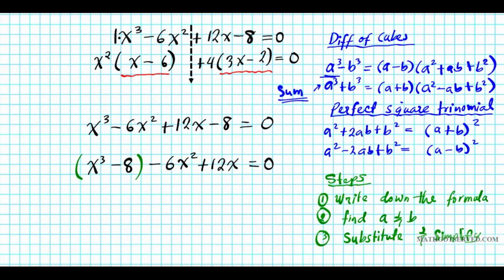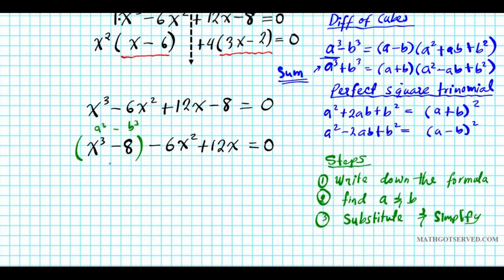Now the difference of cubes formula is a to the third minus b to the third. That's the left side. What does that simplify into? The right side is going to become a minus b quantity times a squared plus ab plus b squared. Okay, so step number 1 has been executed.